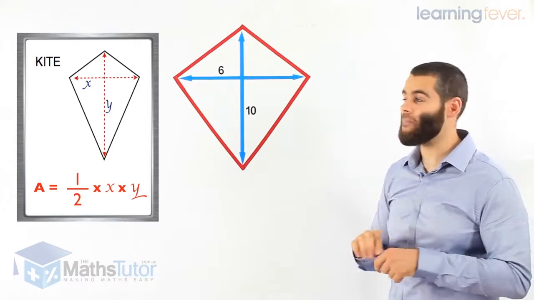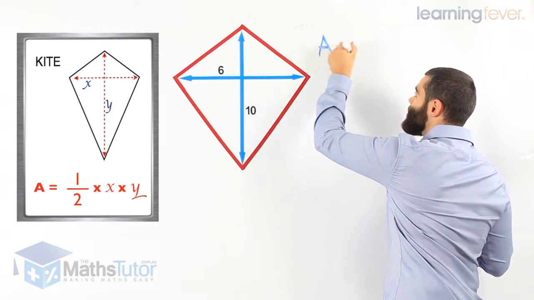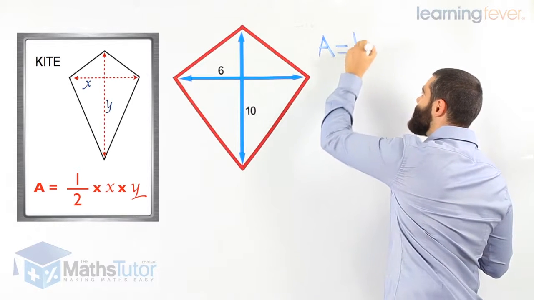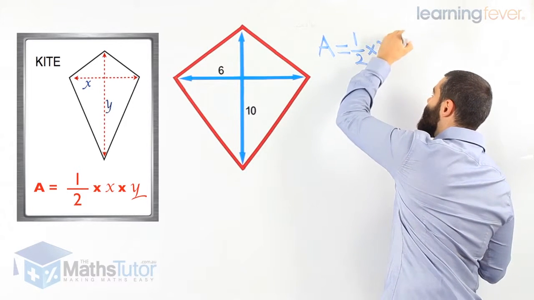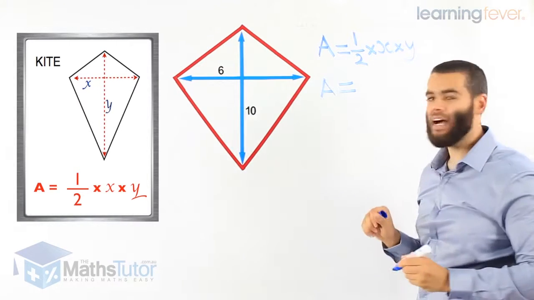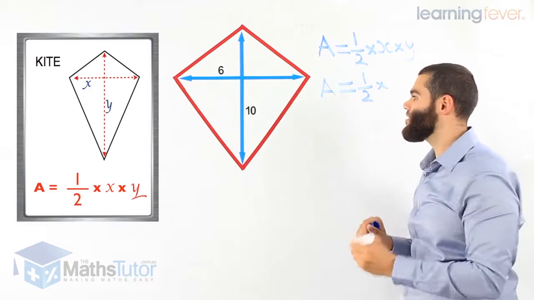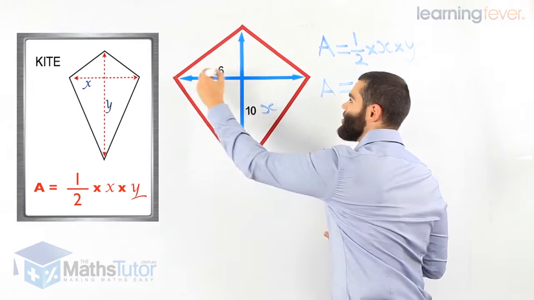Very important to remember. Area equals the formula half times x times y. Half, we write it down, times x. Let's say this is x and this is y.